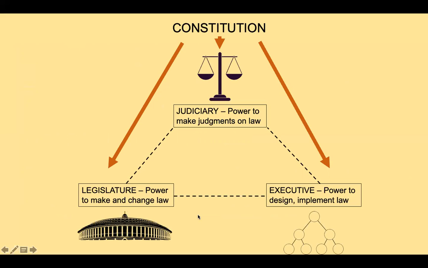The executive has the power to design and implement law. The separation of powers implies a sort of equality or a set of checks and balances that exist between these institutions. And they have powers that are separate and that stand alongside those of each other.